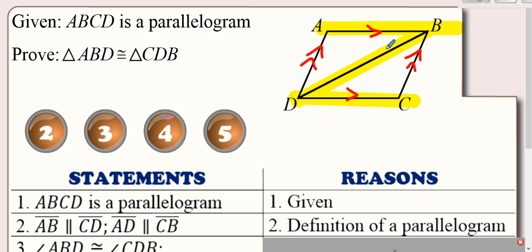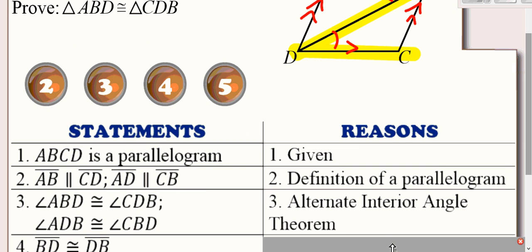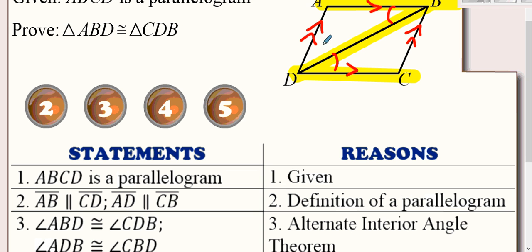So angle ABD is congruent to angle CDB, since it's the Z angles, that is alternate interior. We could actually do the same thing and get another pair too, the ADB and CBD, if you draw the Z this way. Kind of backwards, but it's still a Z. You still got parallel lines from the top and the bottom.